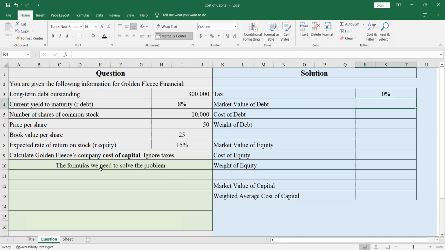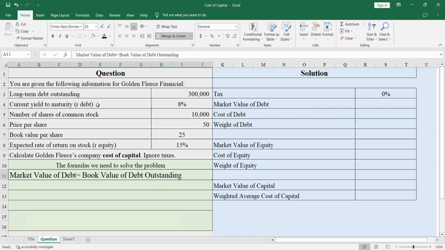Okay. The first formula that we need to know is that the market value of debt is equal to book value of debt outstanding. These are equal because of two reasons. First, market value of debt and the book value of debt both are calculated through discounting.